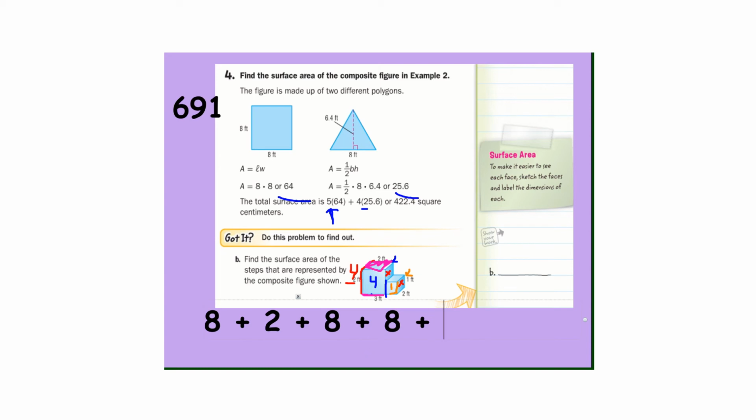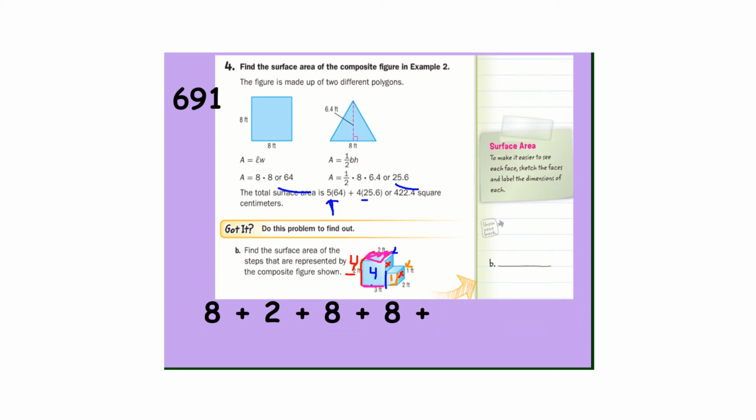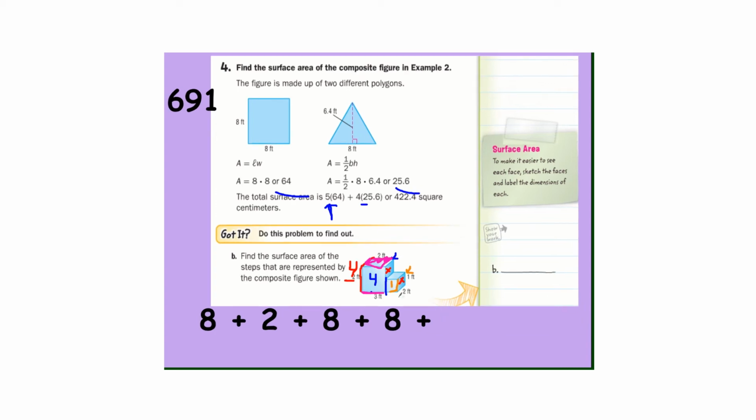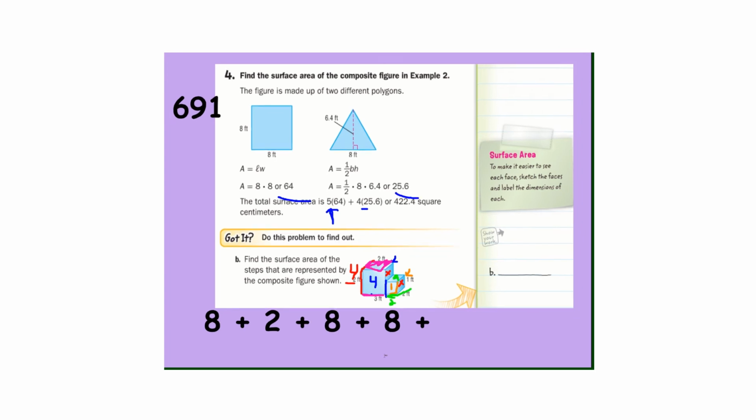I'll explain what I meant in a minute. And then we have this piece, which is 1 by 2. So we have 2 here and 2 here, which is another 4. So altogether, we have 30. 10 and 16 and 4 make 30.